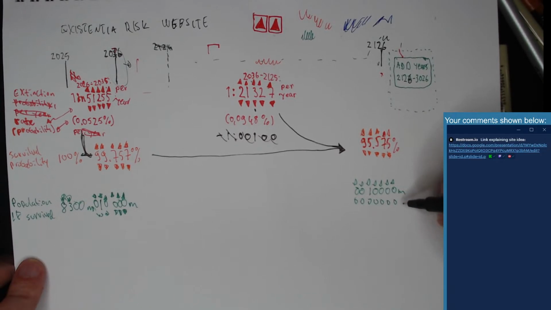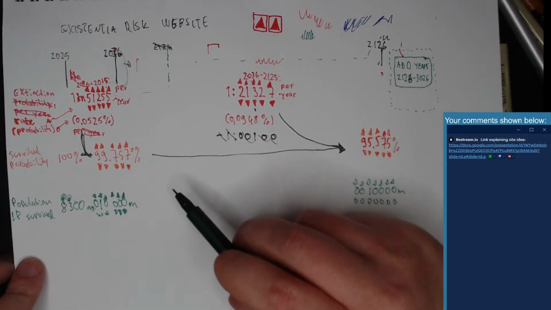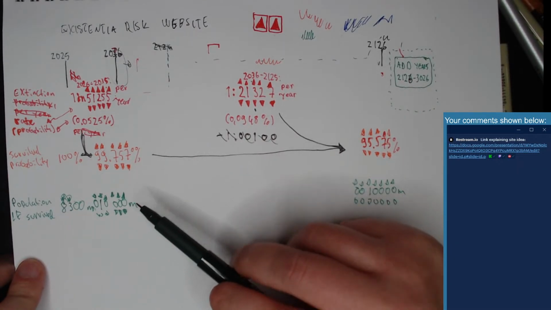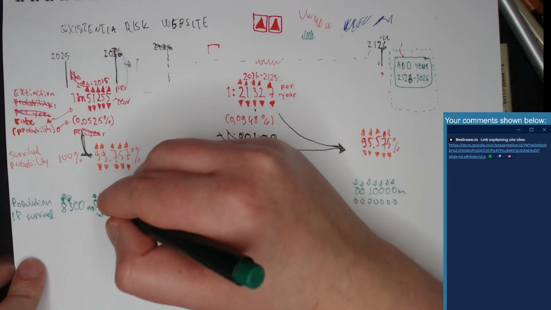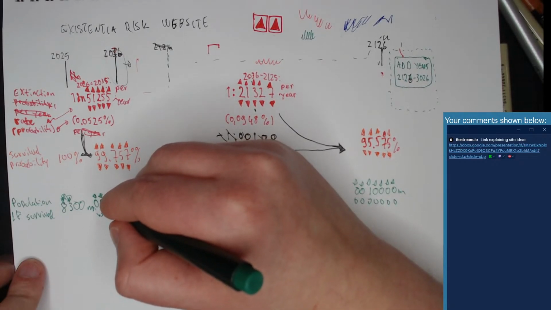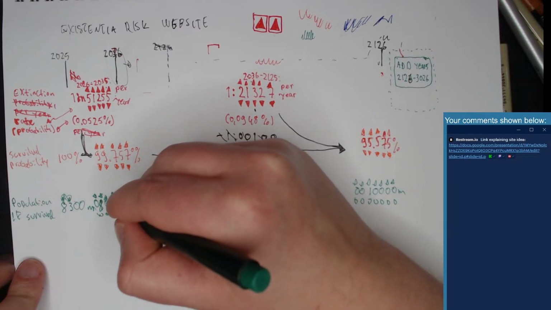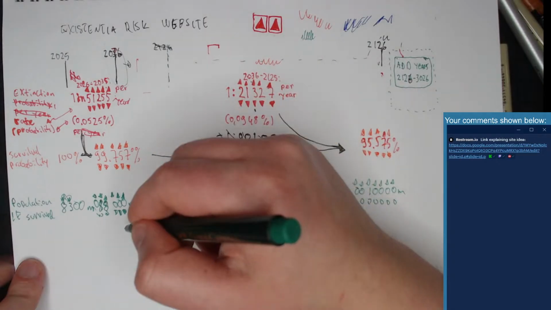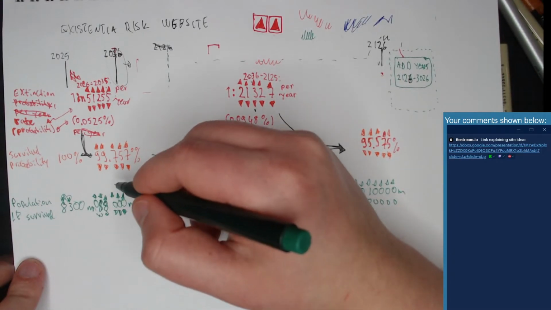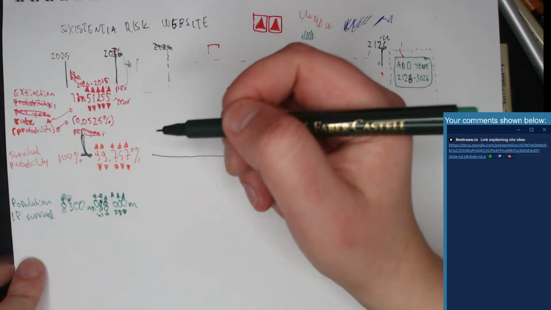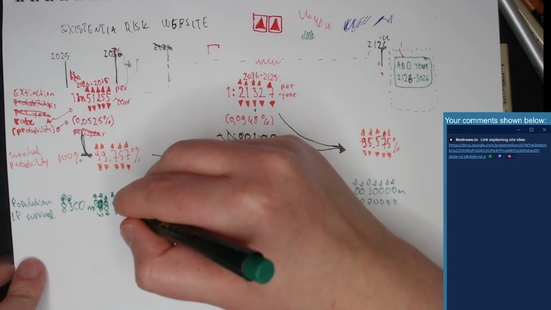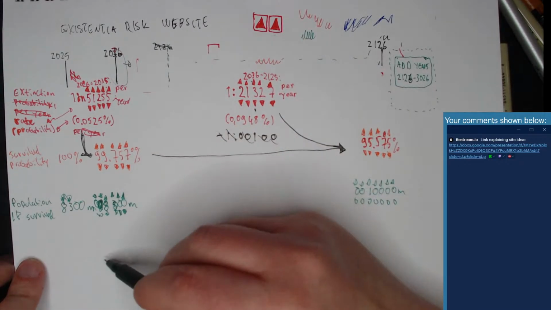I think this 10 million could be a nice default, or actually, this is something else. This wouldn't be 10 million. This would be, okay, let's put 8.8 or something like that.